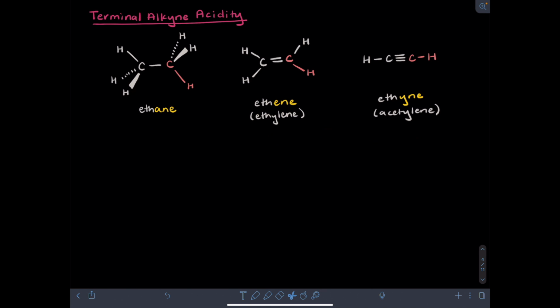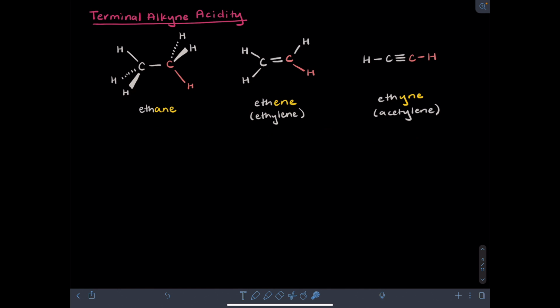I want to talk about hybridization and acidity. I want to compare an alkane on the left to an alkene in the middle and an alkyne on the right, and in particular a terminal alkyne. This 2-carbon alkane is known as ethane, with ane being the ending for an alkane. The 2-carbon alkene is known as ethene.